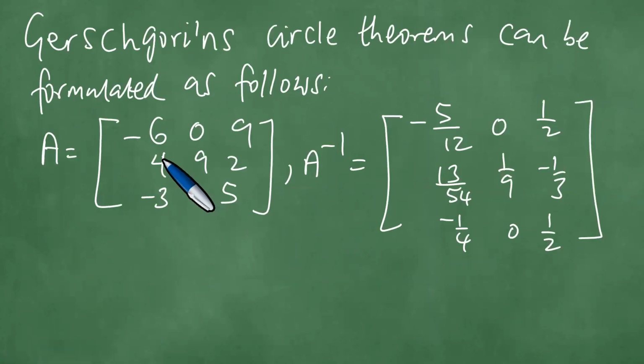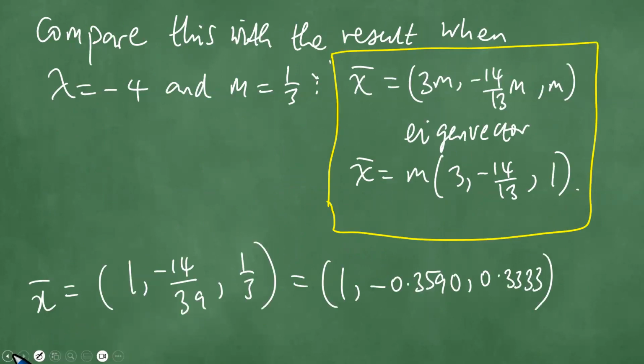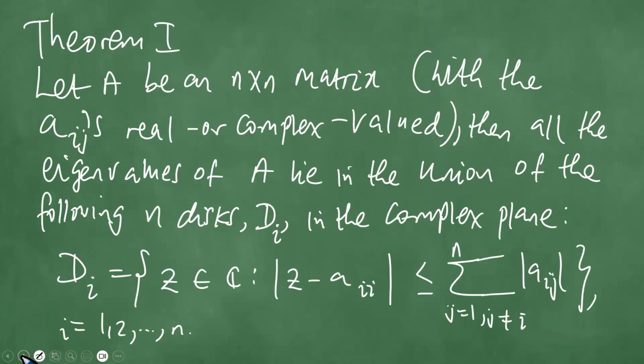Just checking on these, because the off diagonal entries here, you'd have exactly a 0 and a 9. That's what you'd need according to theorem 1.